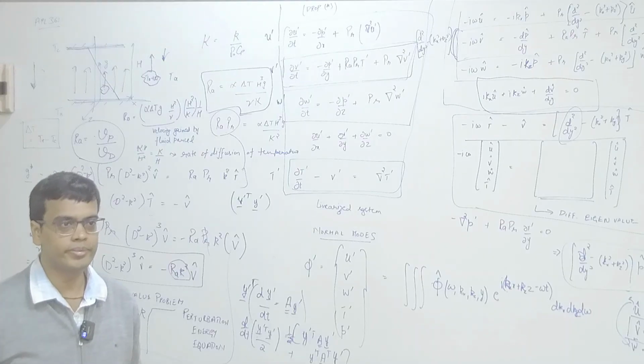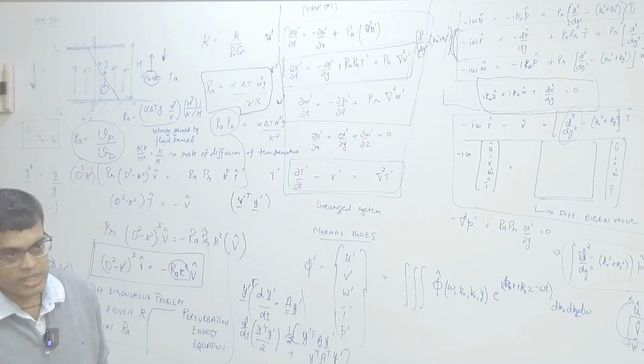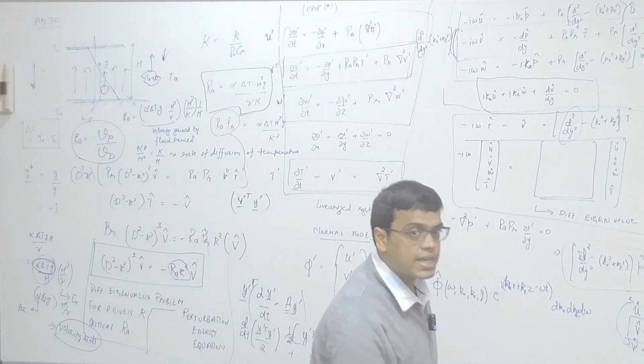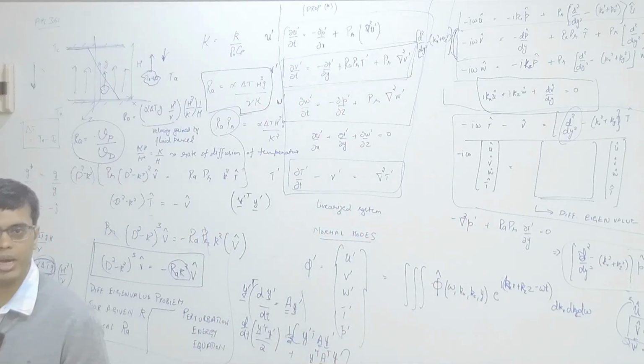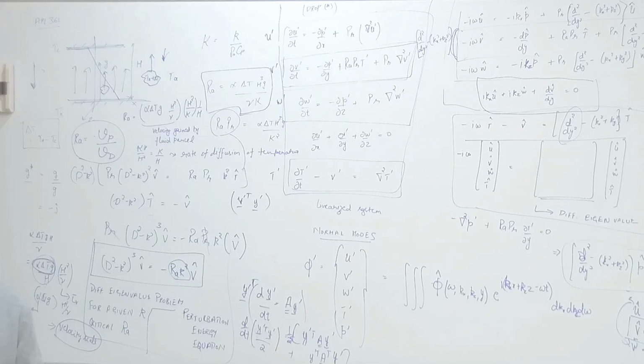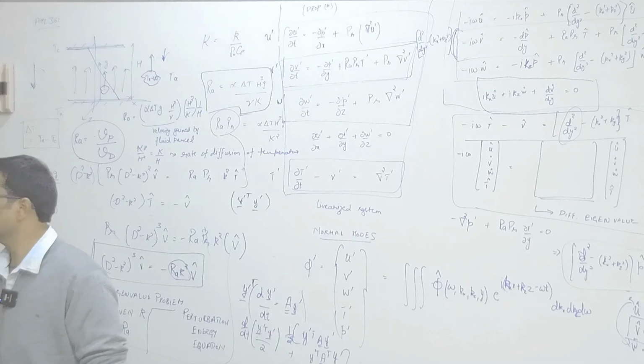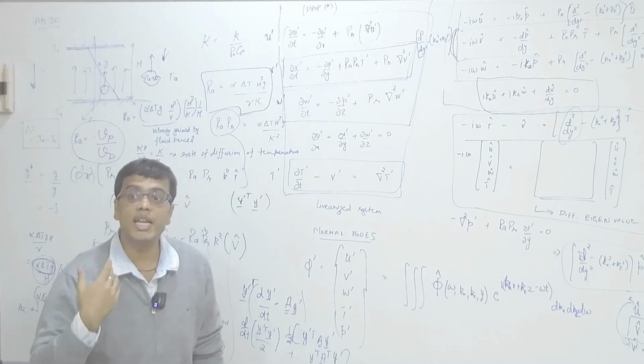It will keep moving up, and that is the physical intuition behind why there is an instability, because there is a positive feedback loop. You have some perturbation. The nature of the state is that the fluid around that perturbation tries to amplify it.